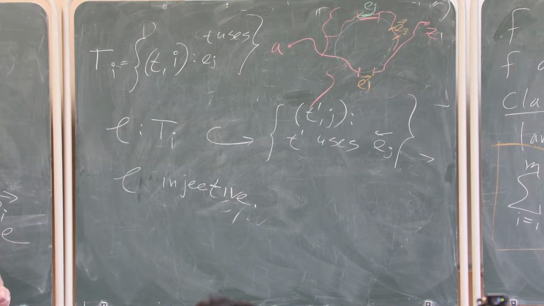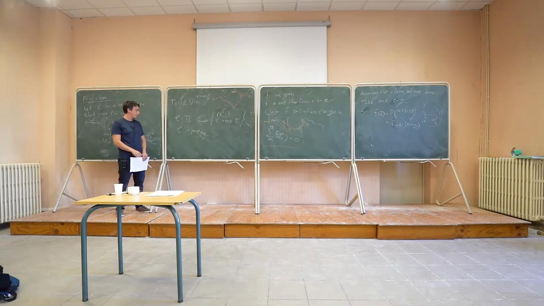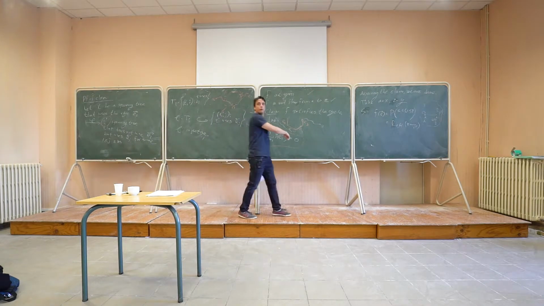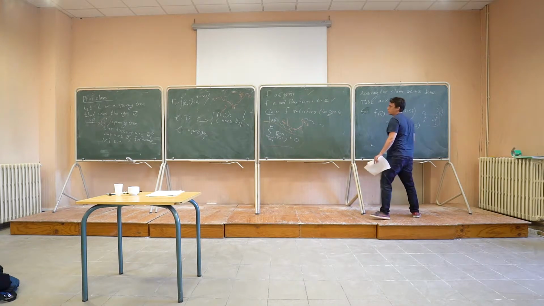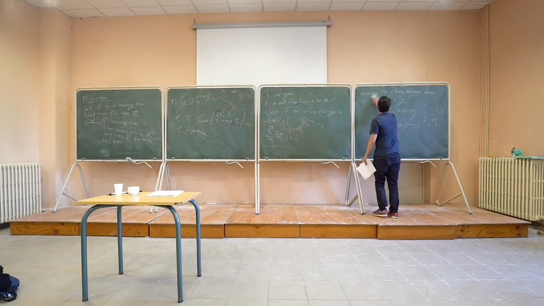Okay? Phi is injective, and that's it. And this is all that I need, because now if I want to prove this, let's write this term on the left-hand side.